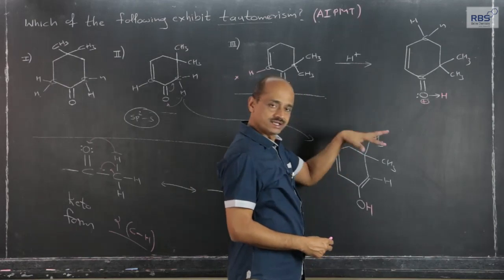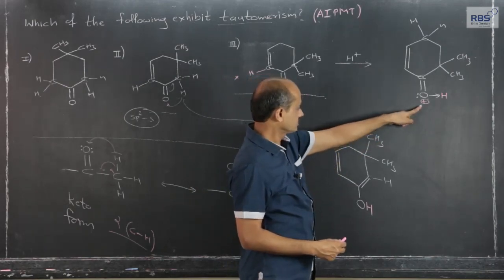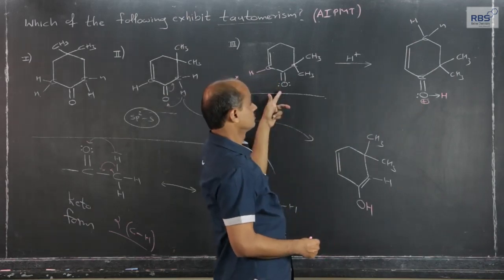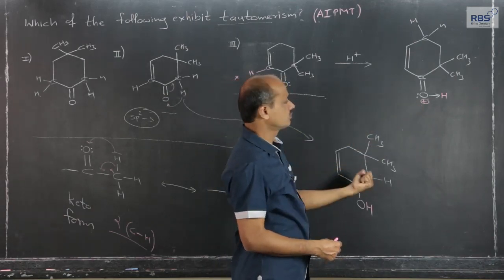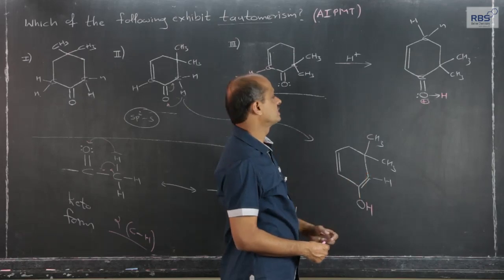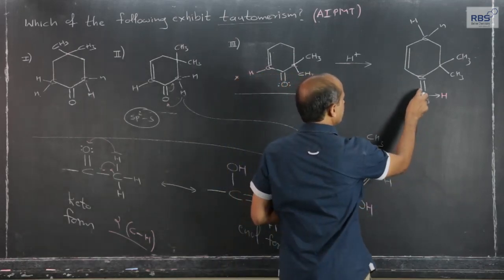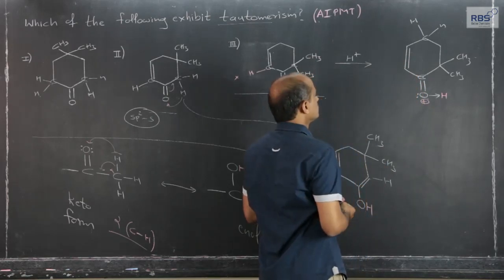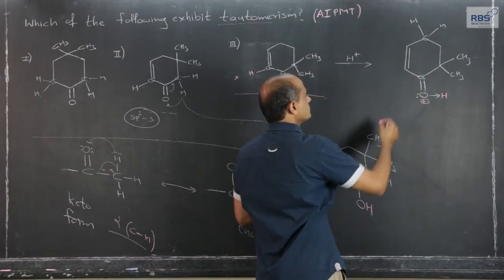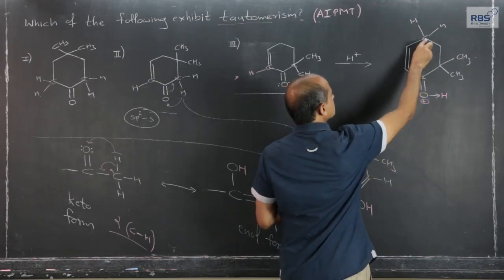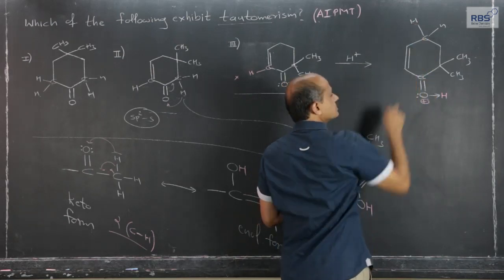Now, because of protonation in acidic condition, a positive charge is developed on this oxygen of the carbonyl group. This becomes still more electron deficient, it will pull the electron density more, and pi sigma pi is a conjugation. Because of that, the ultimate effect is that this hydrogen becomes more acidic.